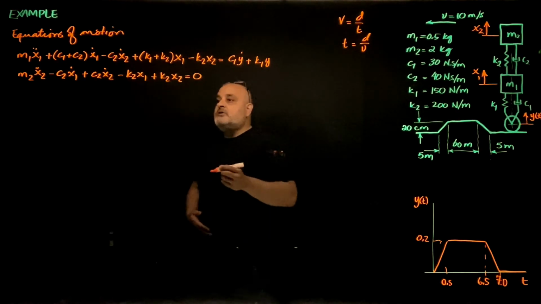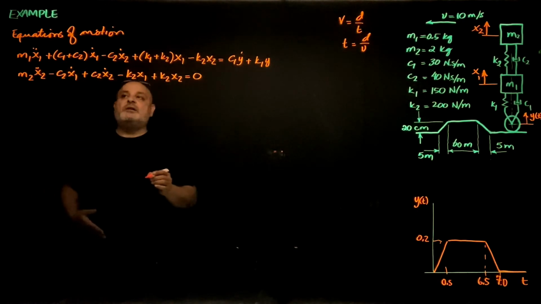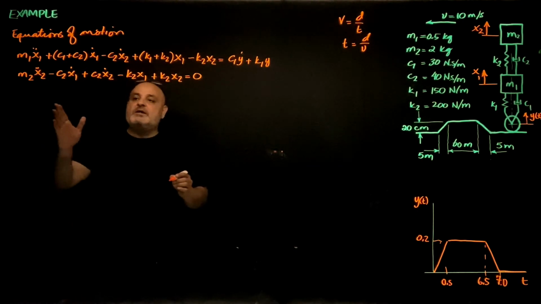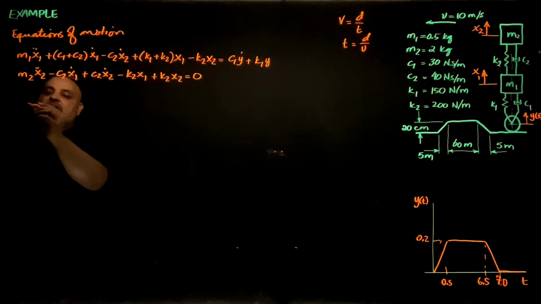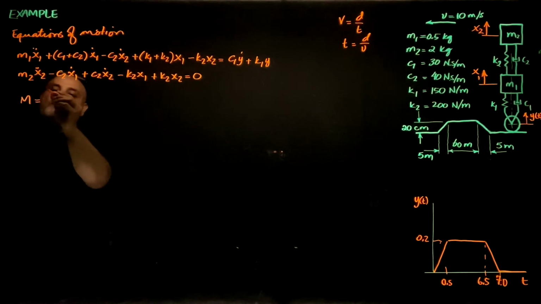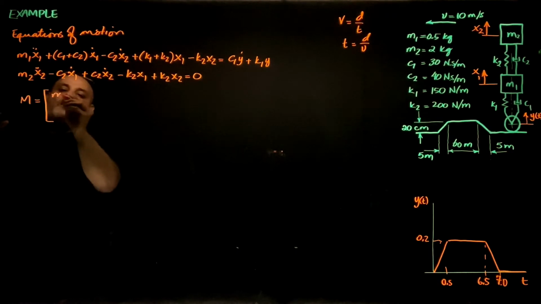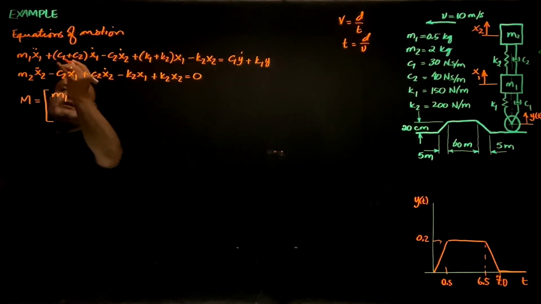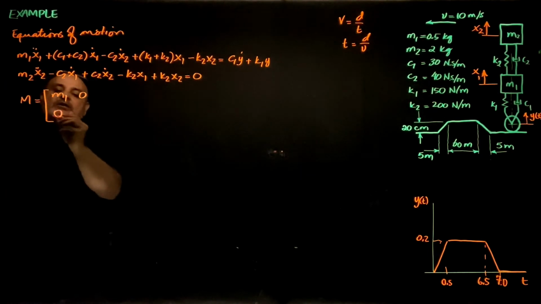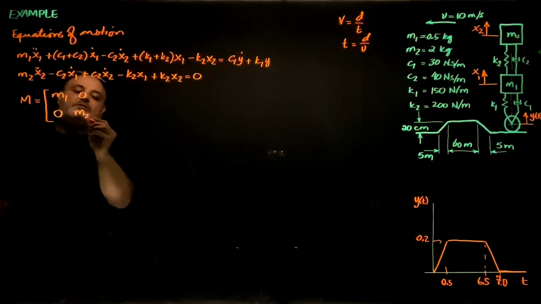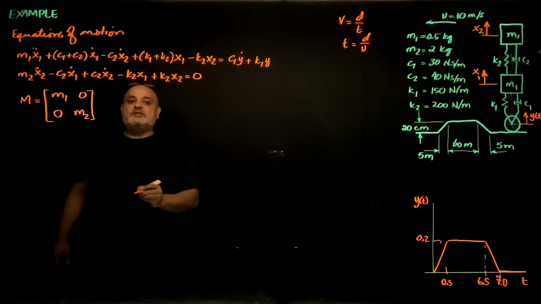So here I can now extract the inertia, damping, and stiffness matrices. The inertia matrix M is going to be M1 times x1 double dot, nothing times x2 double dot, nothing times x1 double dot, M2 times x2 double dot, and this is the inertia matrix.